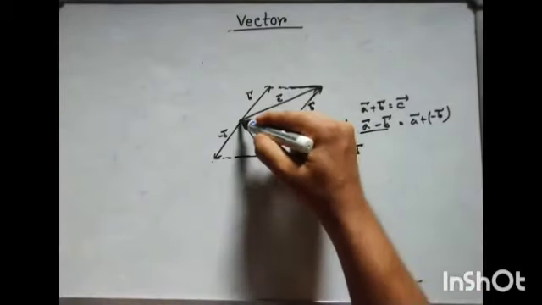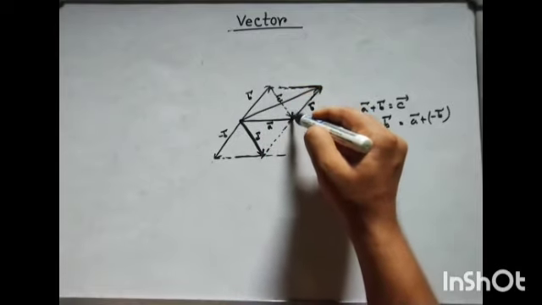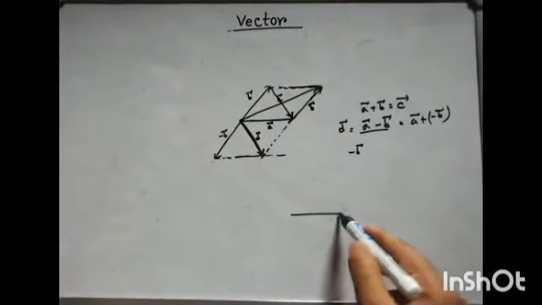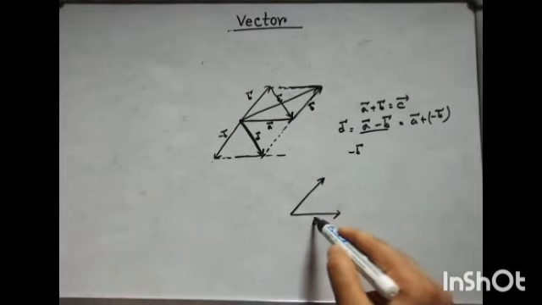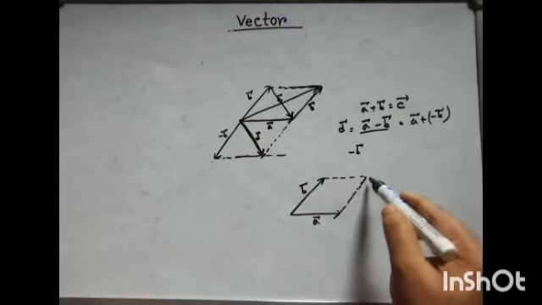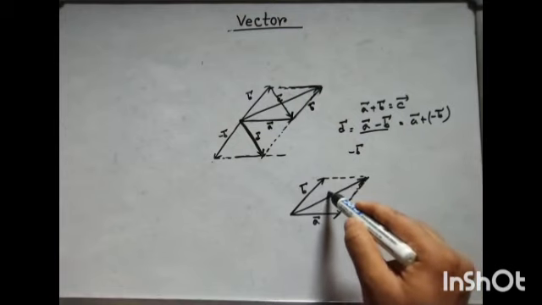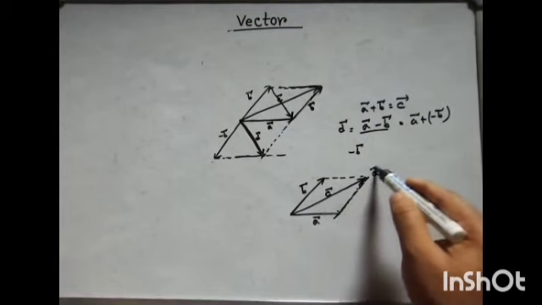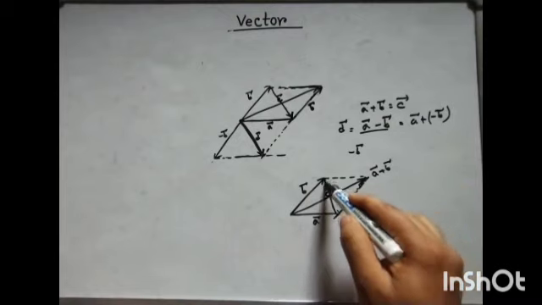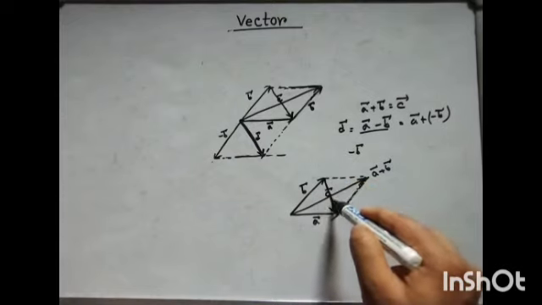So you can see this vector and this vector are parallel. That means if you are given a vector and b vector, then if you draw a parallelogram, this primary diagonal gives you the addition of these two vectors, and the secondary diagonal gives you the subtraction, this is d vector.